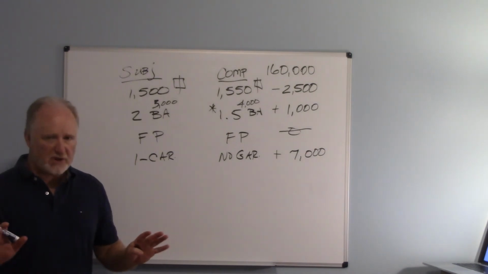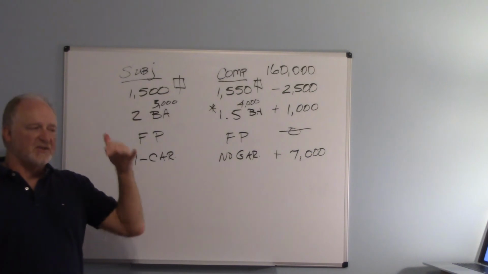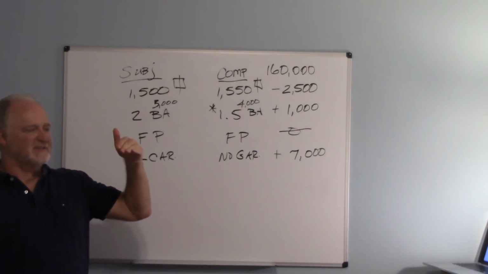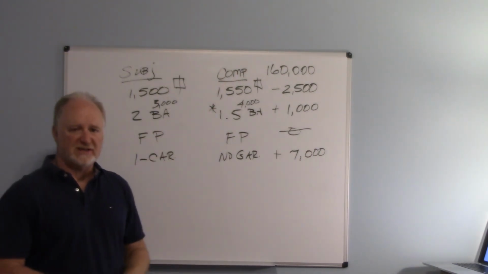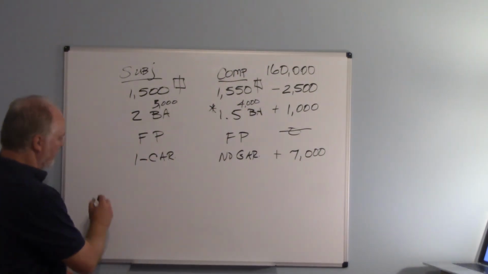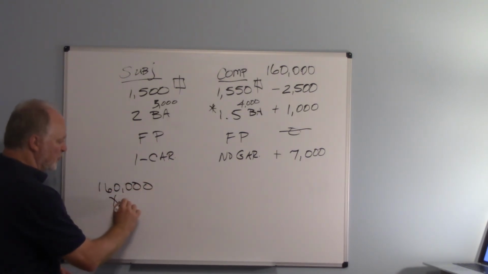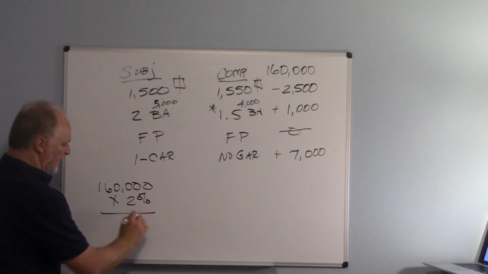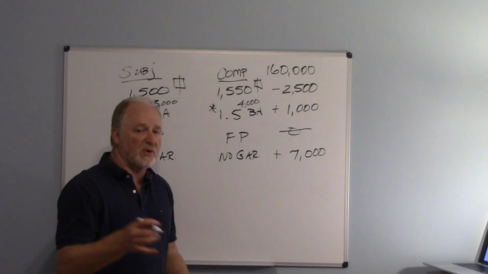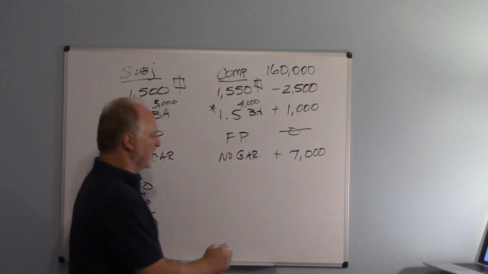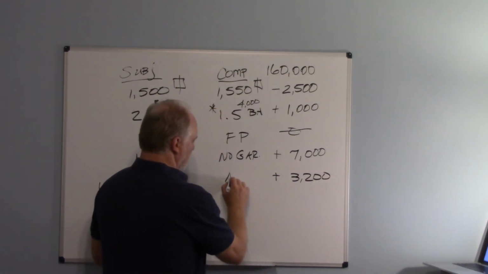Now that's not 2% per year, it's 2% since that property sold. When it sold for 160, apparently since that time, it would have increased in value by 2% if it were on the market today. So literally all we're looking for here is 160,000 times 2%, which is $3,200. And do you remember, appreciation is always a plus adjustment. So now we have appreciation, $3,200.